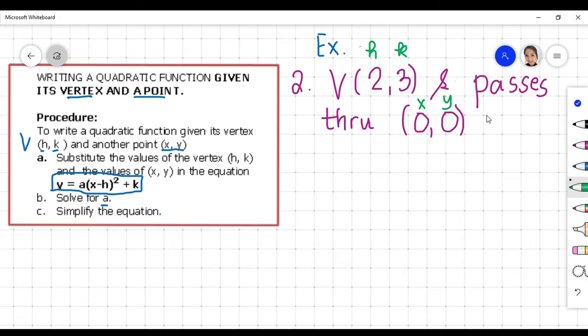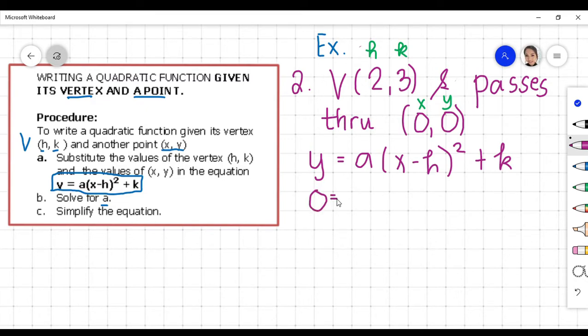So we will do the same process. So we will substitute it to the equation y equals a times x minus h squared plus k, and then our y is 0, so 0 equals a, x natin ay 0 pa rin, minus h, which is 2, squared plus k, which is 3.